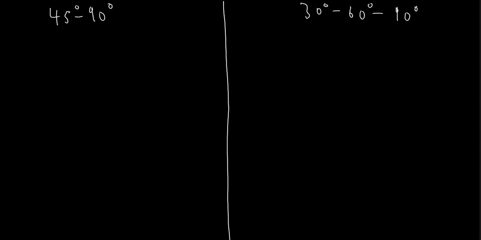So for 45-45-90, basically, the two side lengths, right, will make a 90-degree angle. So this is 90 degrees. Then this angle here will be 45 degrees, and this angle here will be 45 degrees. Okay?